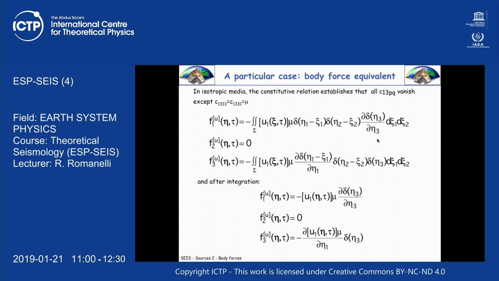Now, we'll see how they can be represented. But let me tell you that if you perform at first glance the integration here, assuming a given slip, what we are left with is this and this. Now, what is this? Well, one is quite intuitive.